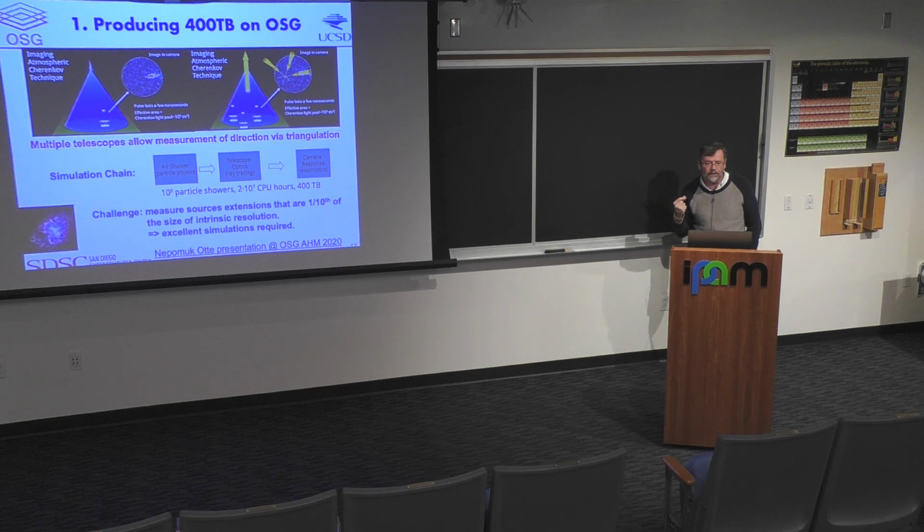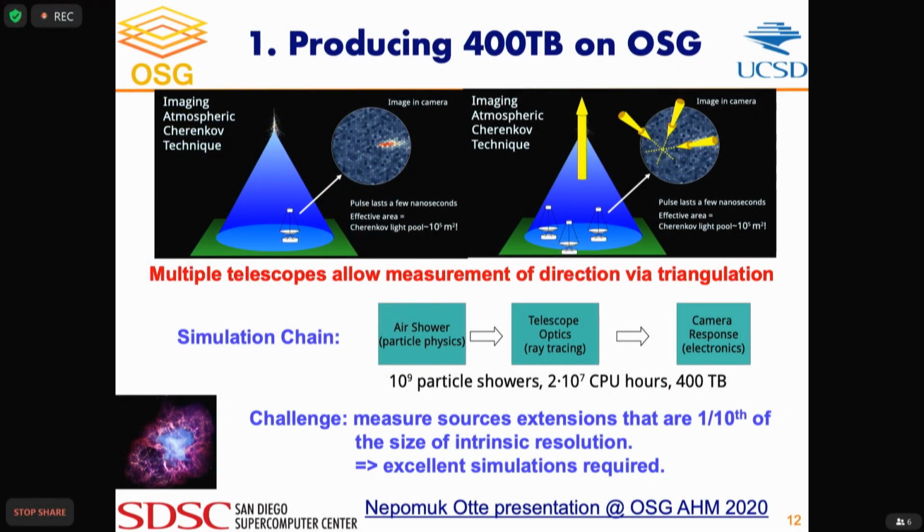So my first example is modality 1. There's an experiment that is a ring imaging Cherenkov technique detector. Basically, it's an array of detectors that looks for air showers.